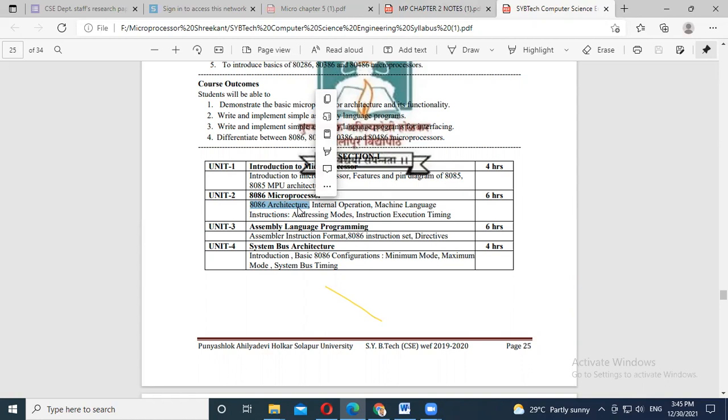Along with that, we have to study the instruction fetch queue. In the lower portion, the execution unit, we have to study general purpose registers, special purpose registers, operands, ALU, and decoders. This is all about the 8086 architecture.